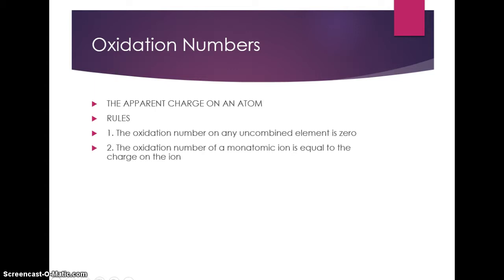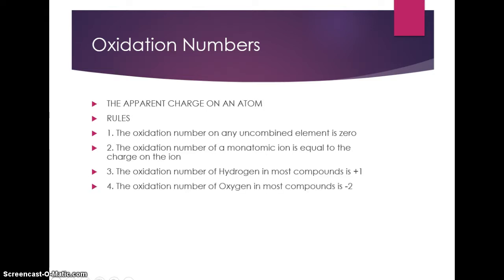What that means is that if it's something with a charge like copper +2, then its oxidation number is +2. Or if it's lithium +1, then its oxidation number is +1. If it's chlorine -1, then its oxidation number is -1. The oxidation number of hydrogen in most compounds, there are always some exceptions, but 99% of the time hydrogen is going to be +1. The same is true for oxygen, except oxygen is going to be -2.